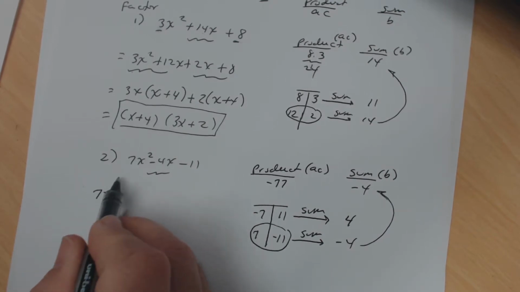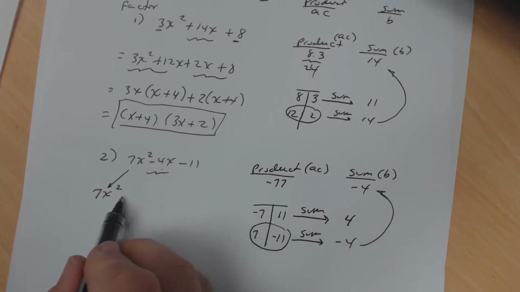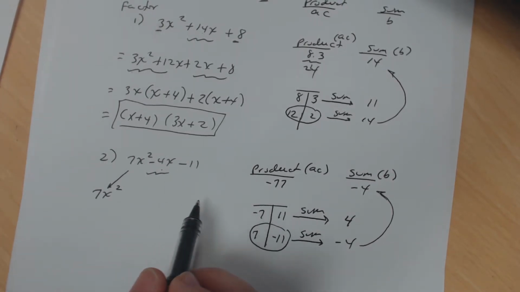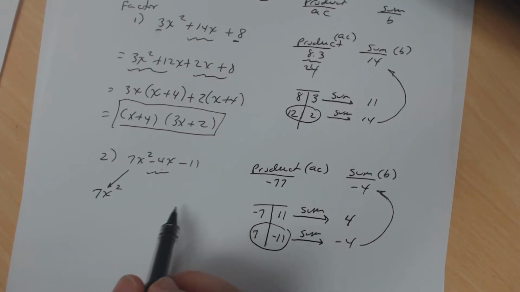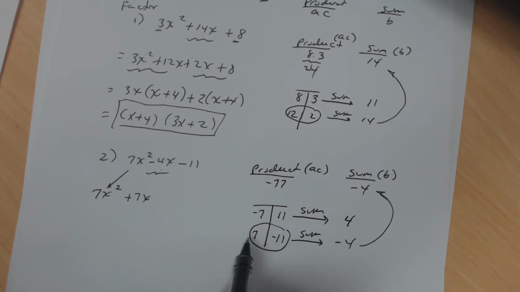So I'm going to have 7x squared. Then you rewrite the middle term using those two numbers. Remember, we're changing this trinomial to 4 terms so I can do factoring by grouping. So plus 7x minus 11x minus 11.